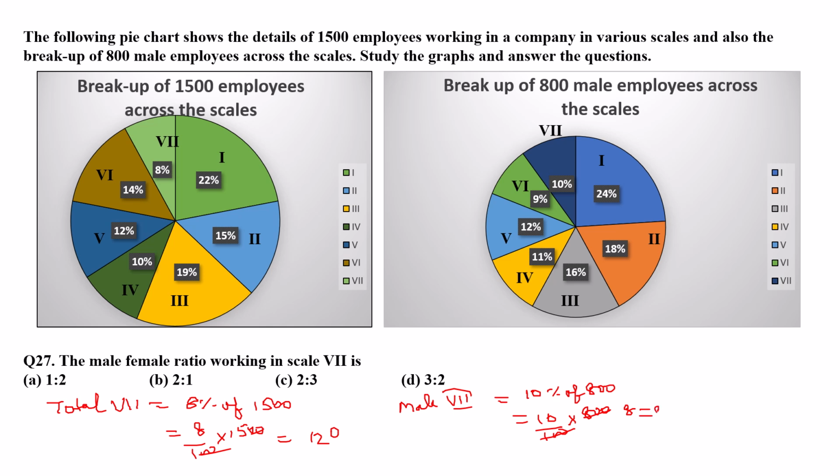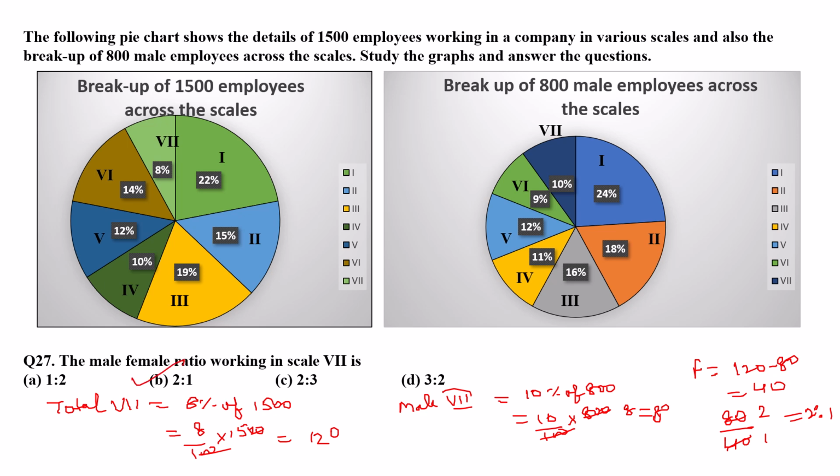So 80. So female employees will be 120 minus 80, which is 40. Now we have to find the male to female ratio. Male is 80 and female is 40. So it is 2 by 1, so 2 is to 1. So the correct option is option B.